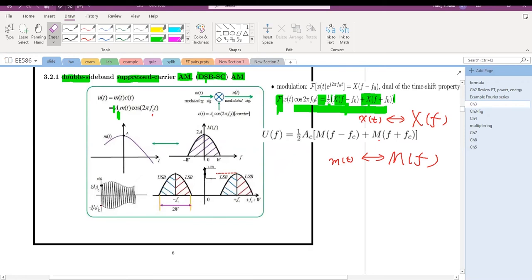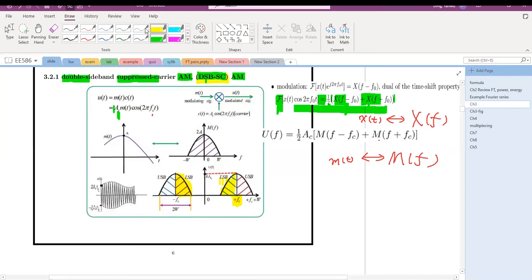Now we're going to define a couple of terminologies here. The frequency components lower than this f_c, we call the lower sideband. And on the negative frequency band, frequencies higher than negative f_c, because they're symmetric here, this portion is the lower sideband signal for the DSBSC signal.